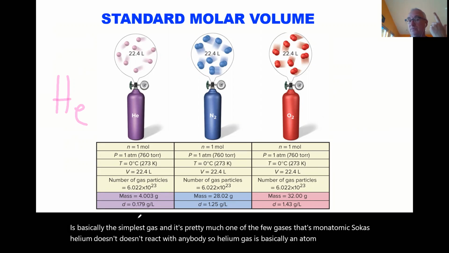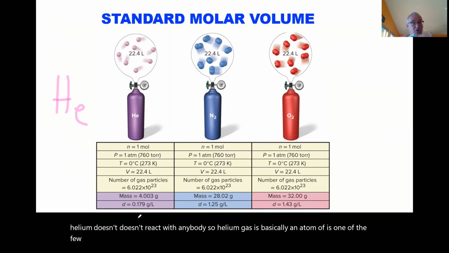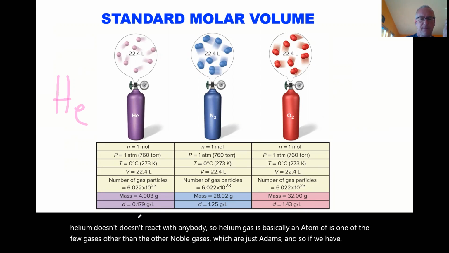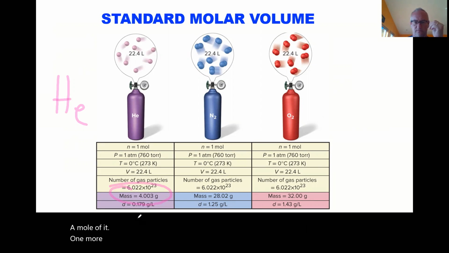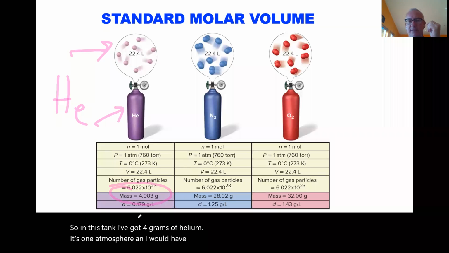It's one of the few gases, other than the other noble gases, which are just atoms. And so if we have a mole of it, 1 mole would be 4 grams. So in this tank, I've got 4 grams of helium. It's 1 atmosphere, and I would have 22.4 liters of helium.